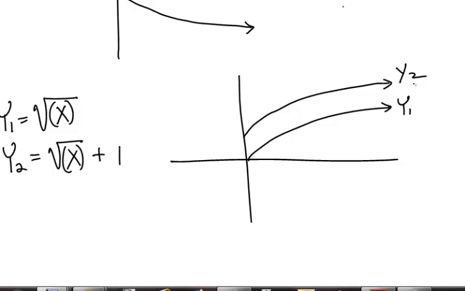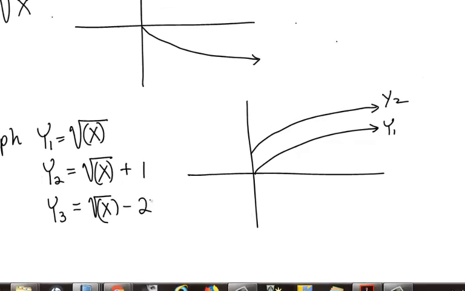Let's put in another one. In y sub 3, let's do the square root of x, and then out to the side minus 2. Okay, so do the square root of x, close the parentheses or use your right arrow, and then minus 2. You would expect that that would do a vertical shift down 2.